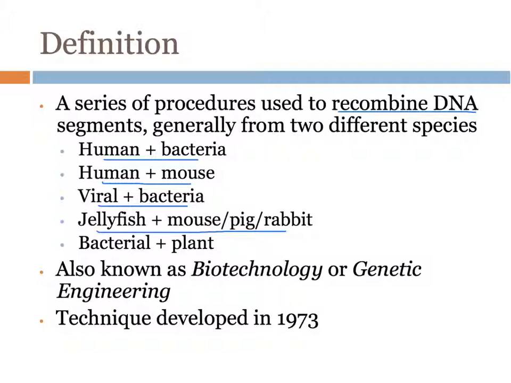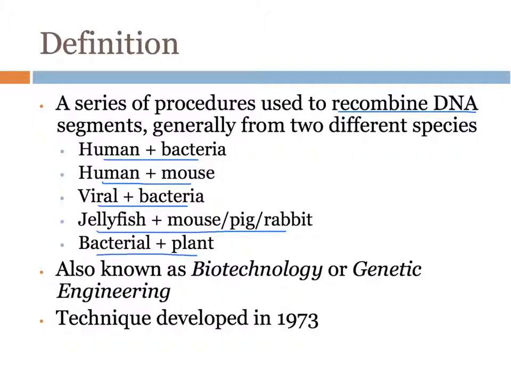And then there's several different combinations that are used in the plant world. One is a bacterial gene to cause disease to a particular insect pest, and so plants that come with this DNA in it are already resistant to that pest.